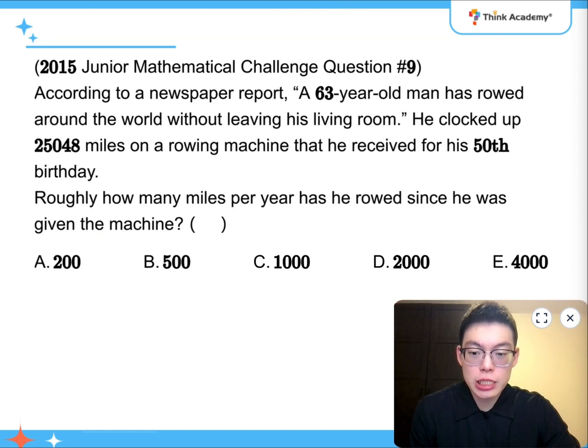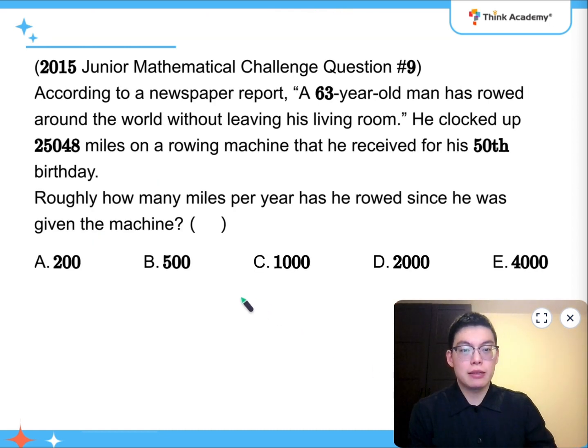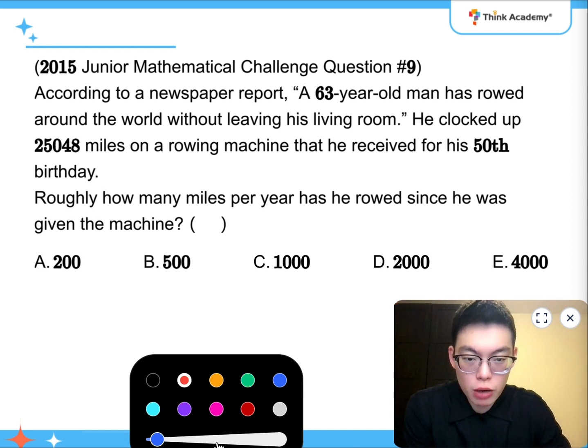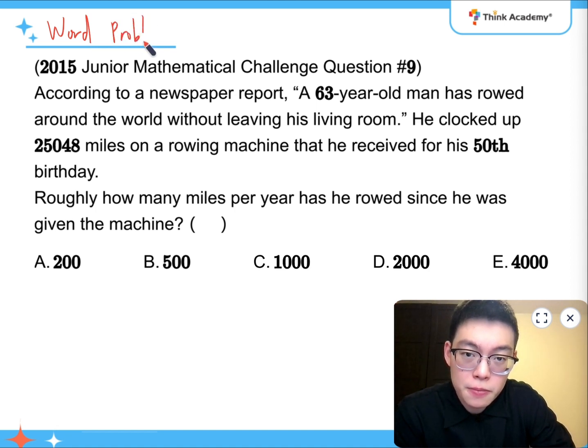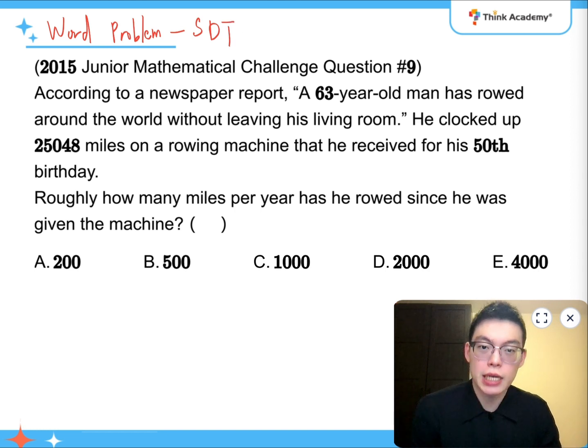And then let's take a look at question 9, all right? So question 9 is a word problem with speed, distance, and time. So SDT, okay? Speed, distance, and time.